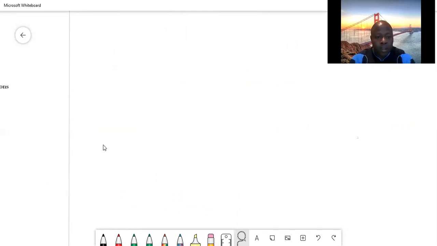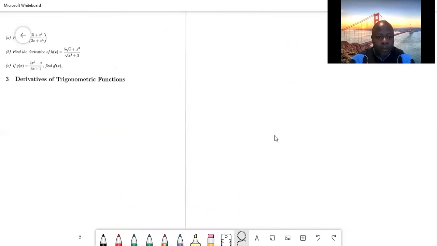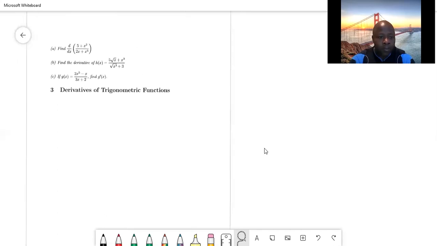So let's look at the second example on the use of quotient rule. So we can simplify the numerator, write it in a manner that is easier.